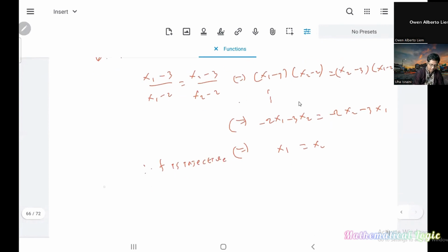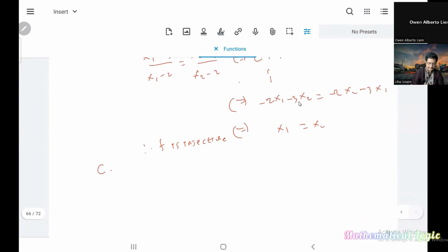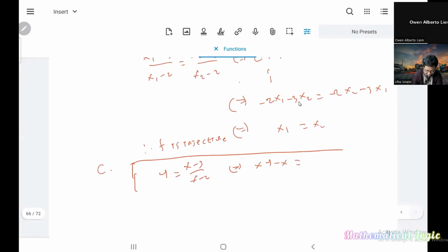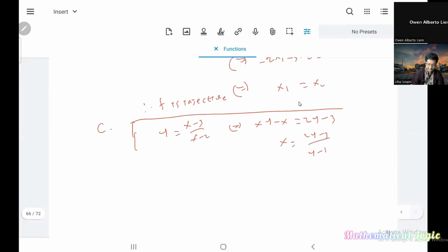So how about the surjectivity? Again, on a piece of paper, you can do y is equal to (x minus 3) over (x minus 2). Then what you get here is xy minus 2y is equal to x minus 3, so x is equal to (2y minus 3) over (y minus 1), right?